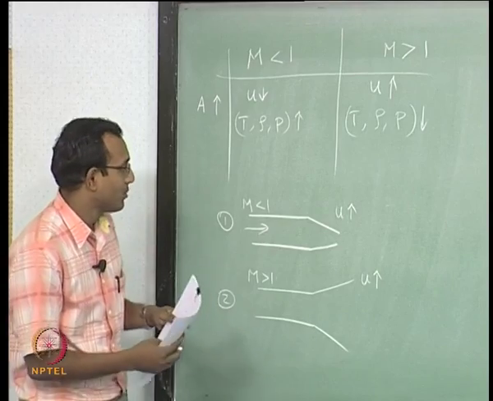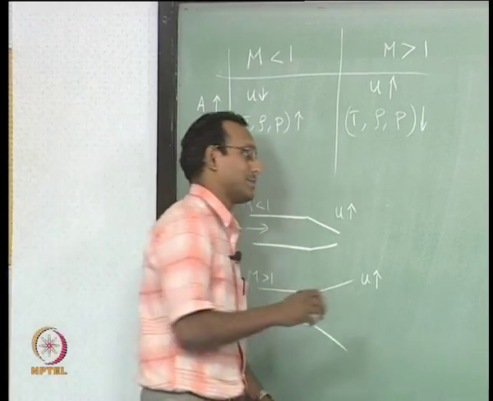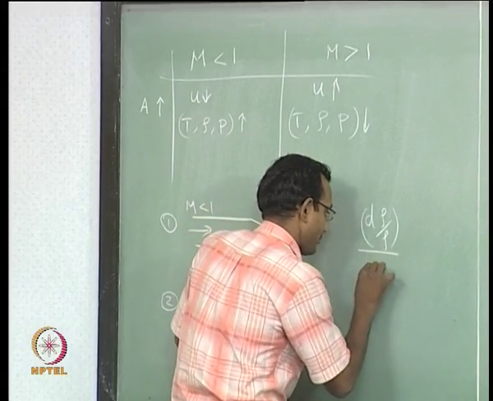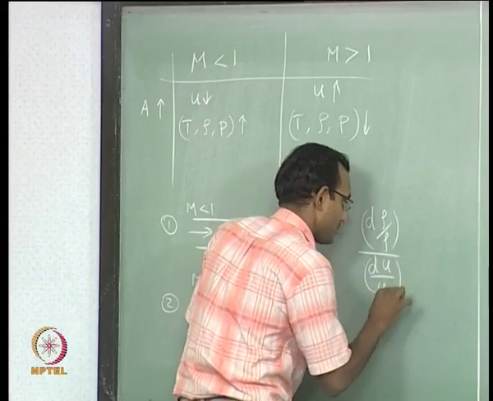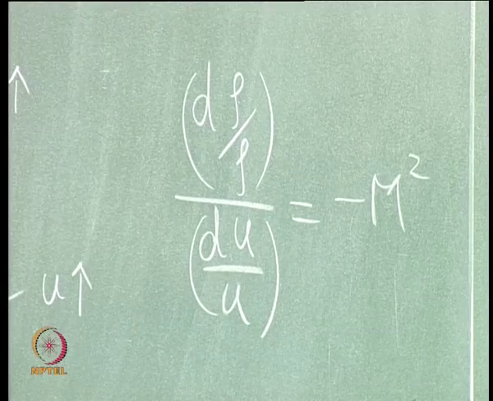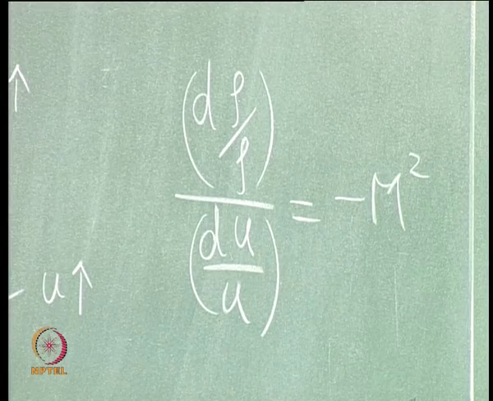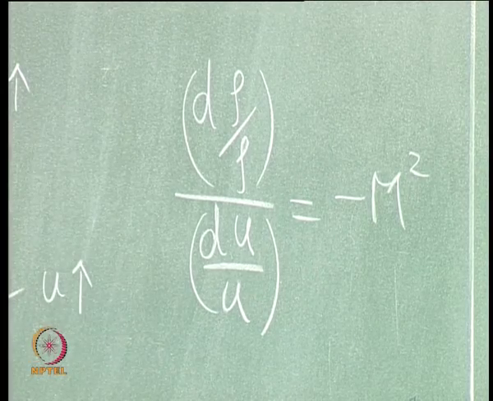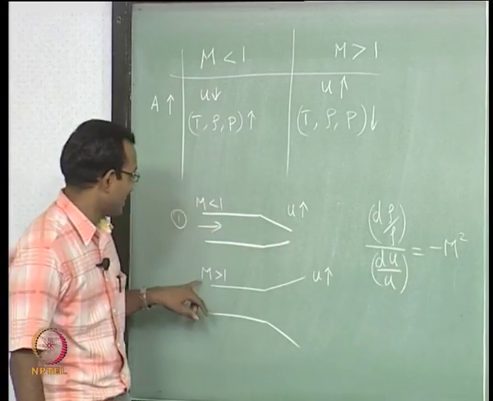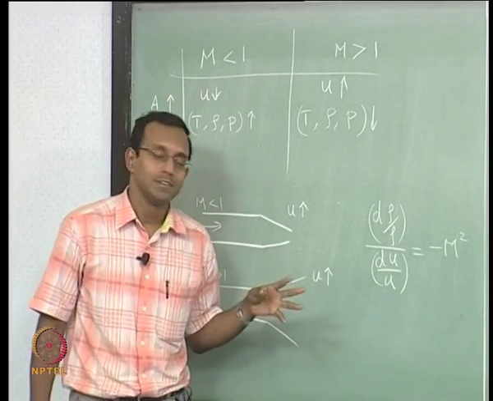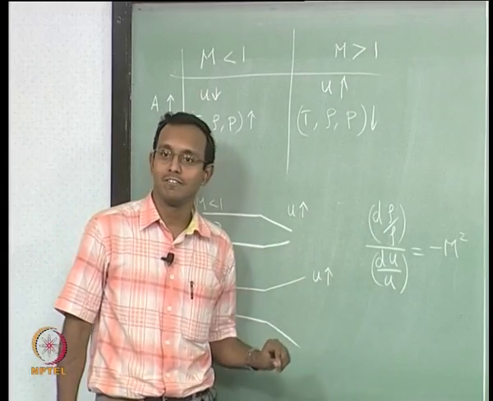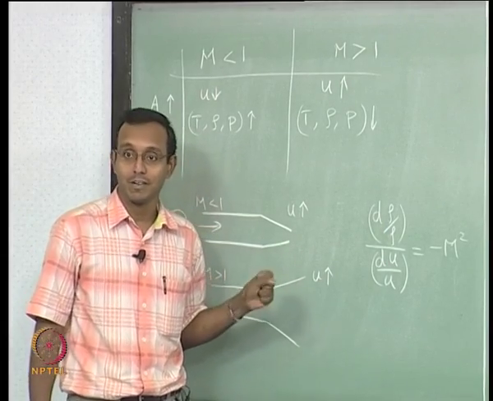So, I will go back and write that other expression I wrote that day. This is the other critical equation which we are interested in. Now, in one case it is low Mach number, in the other case it is supersonic, that is very high Mach number, and you are going to see that the density effect is much more than the velocity change if Mach number is higher.